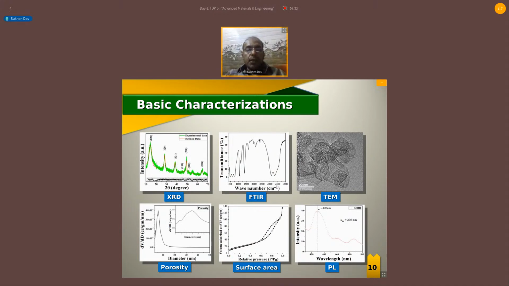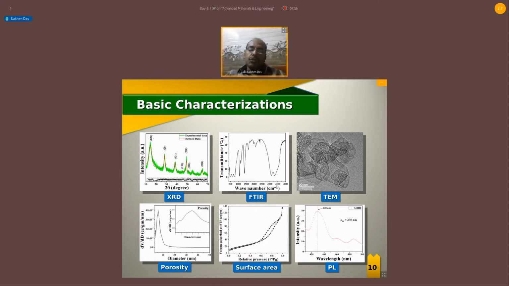From the XRD, we have found that only boehmite is present there, and from the peak broadness, we can easily say that the boehmite is in well nanocrystalline form. You can see from this graph that the nano size is in the order of a few nanometers, and no other materials are present there.